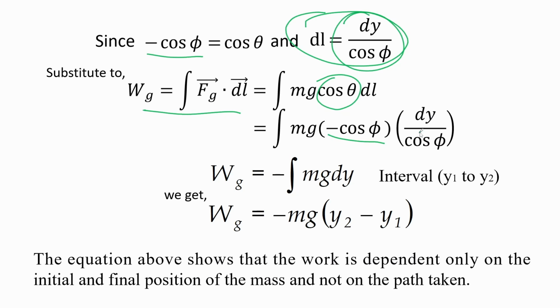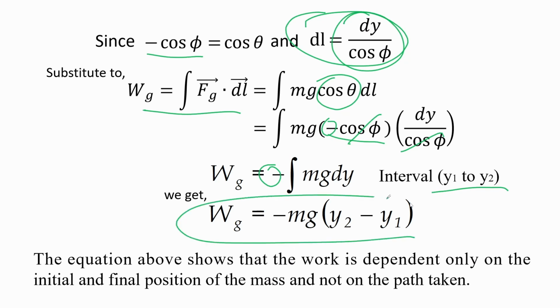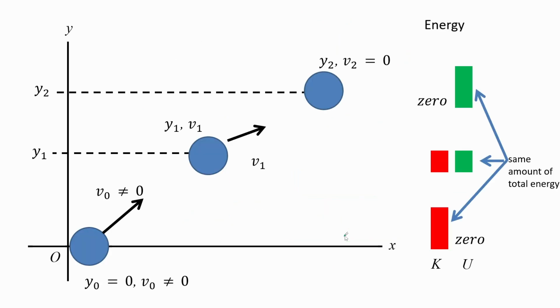So this cancels out and the negative is factored out, so it becomes negative mg dy in the interval of y1 to y2. So again, it goes back to this expression. So regardless of the path taken, it matters only in the initial or the final position for your gravitational work.